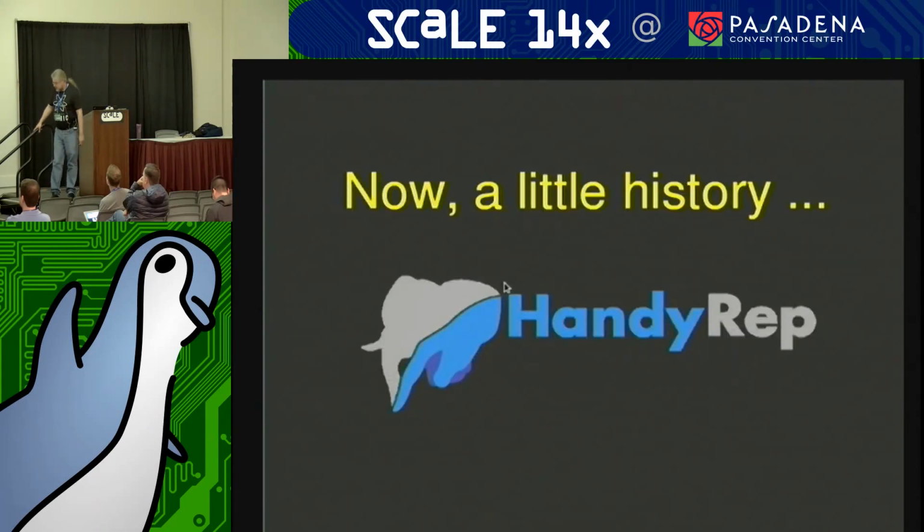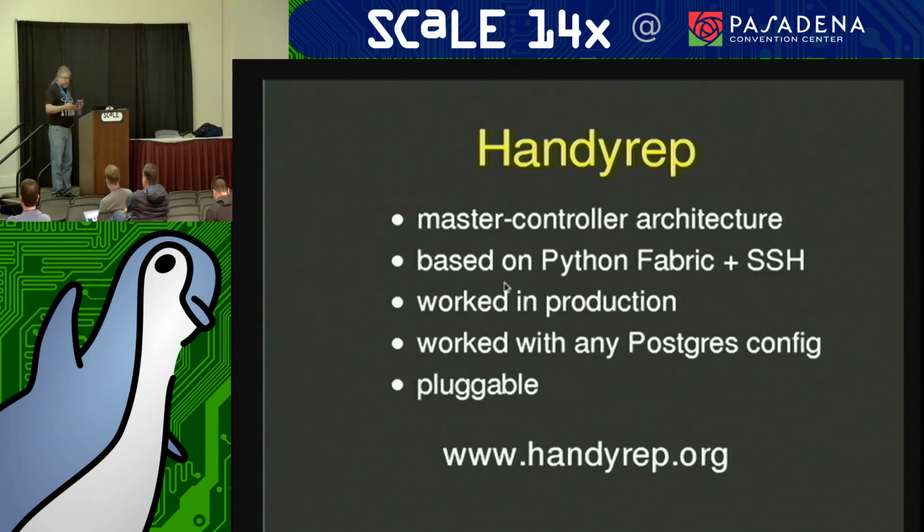So now, I wrote out that spec a few years ago and then worked with a team of my former coworkers at Postgres Experts to build a system called HandyRep based on this set of requirements. HandyRep is a master controller architecture. It's built with Python Fabric and SSH.